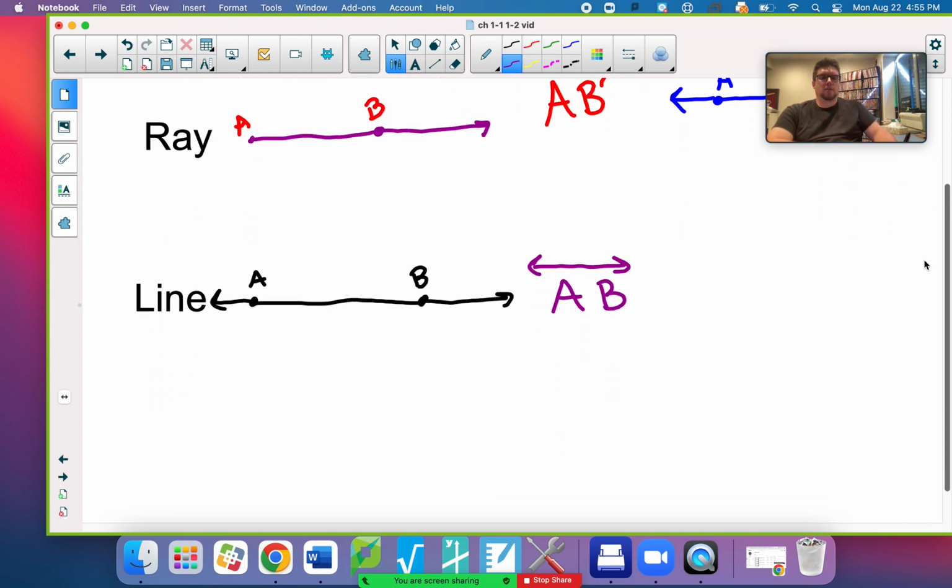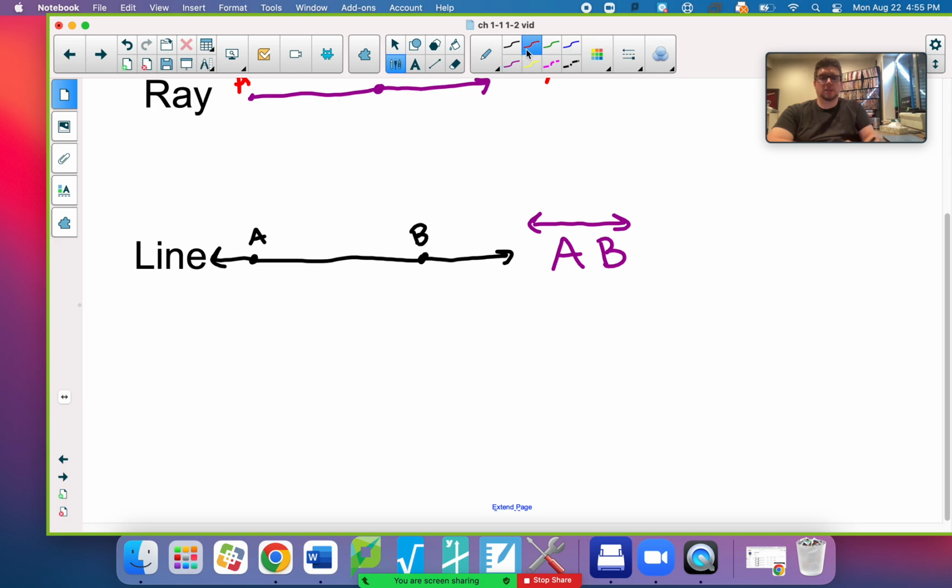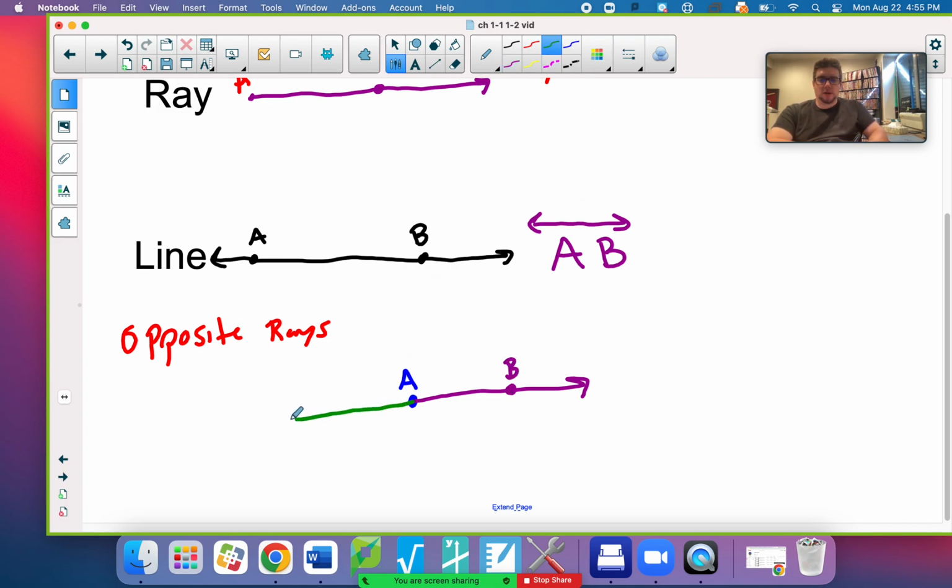When you have 2 rays that share the same endpoint but go in completely opposite directions, they're called opposite rays. Imagine that. Rays that go in opposite directions. So we've got the endpoint A, and if one of my rays goes this way through B, and then I have a completely opposite one, I might not be able to draw it perfectly at a 180 degree difference, but just assume it, like I could do this perfectly on a computer.